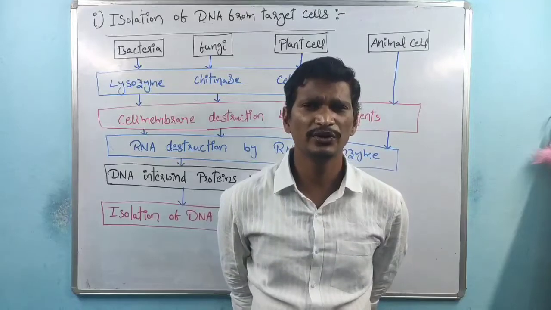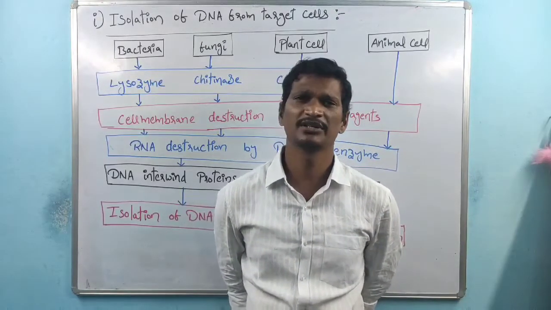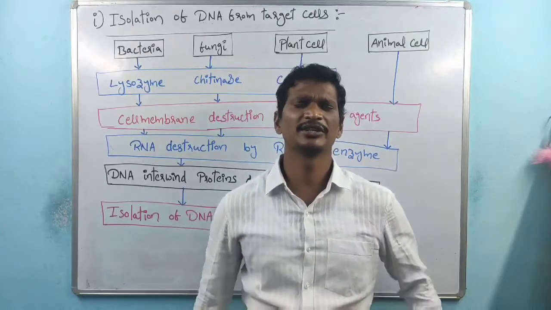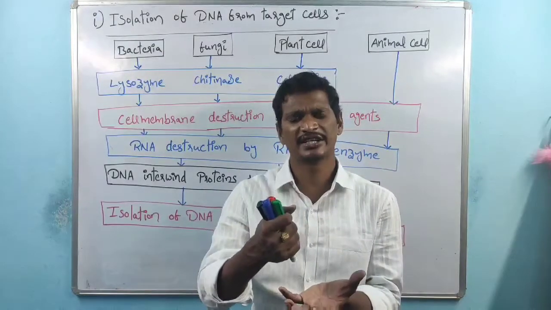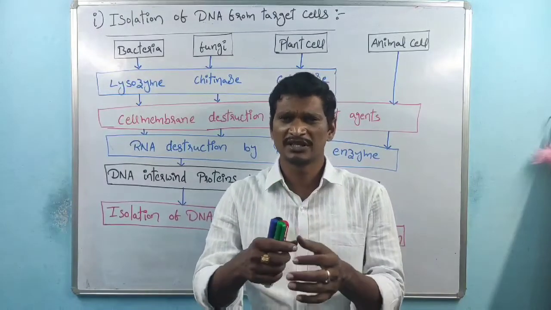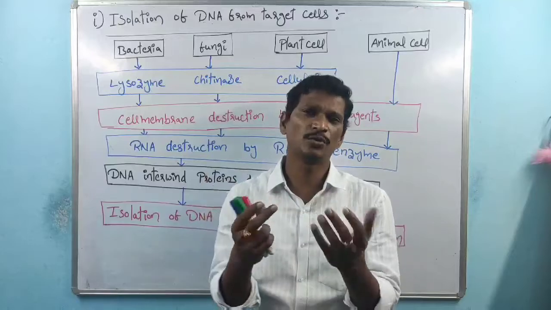Sir, why don't we follow the mechanical method? See, this is the enzymatic method. Why don't we follow the mechanical method? The mechanical method is nothing but a mechanical grinder, with cells in it. If we continuously rub the cells, the cell walls are damaged. Along with the cell walls, the DNA is also broken down.